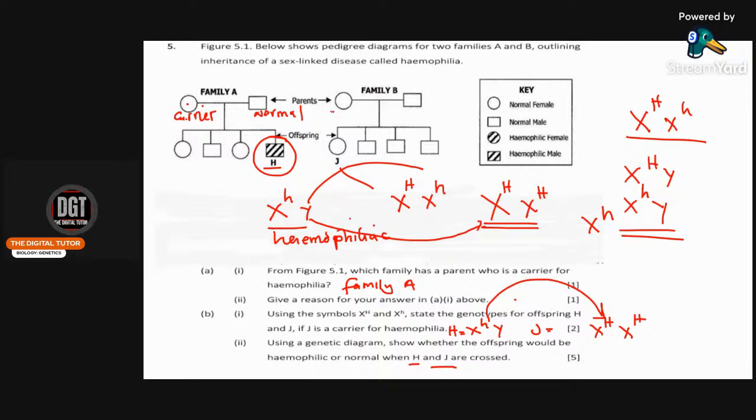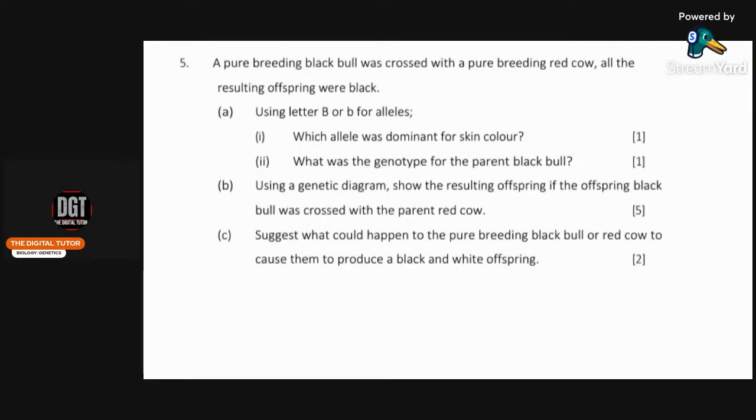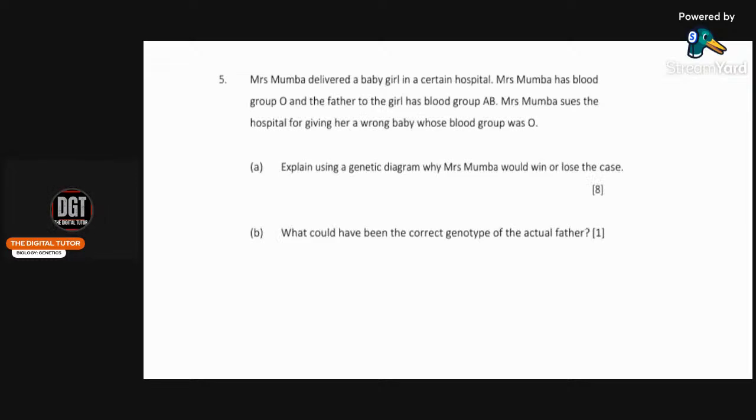If none of the parents here is a carrier, then how can we find someone who is a carrier here? Which means, since we've picked this one as a carrier, this one is normal. That is the reason why I've gone with that kind of answer. So now let us look at the other one.